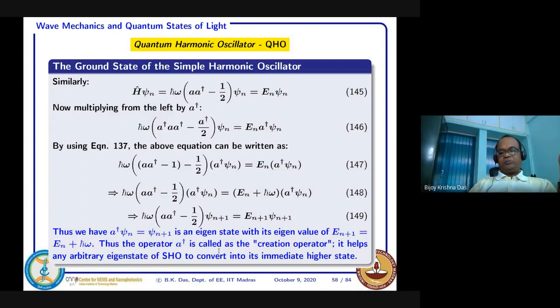Fine. So now we understand that if you know an eigenstate, then you can easily find the immediately higher state: how it will look, what the wave function would be, what its eigenvalue would be, what the shape would be, how to operate on it, everything you can find out.